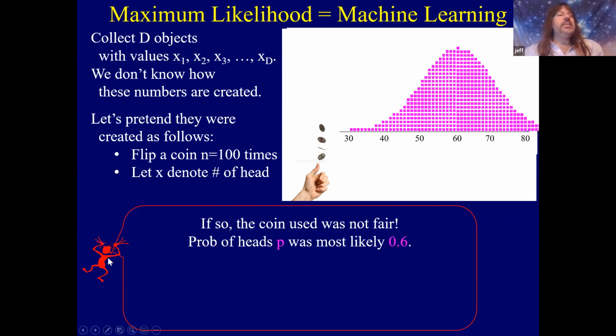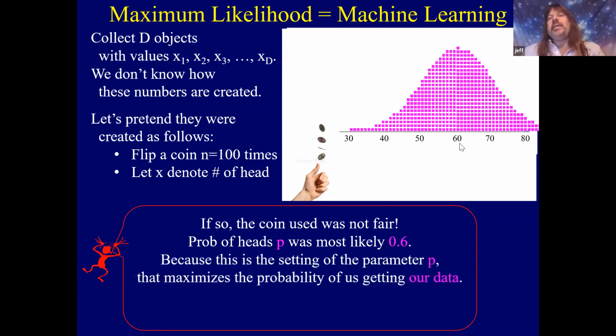So what did the frustrated guy learn? He said, well, if you got this data from flipping coins, it's probably because the probability of heads in your coin was not 50-50, but was 0.6 is the probability of getting a head, right? That's what he's speculating. And why did he choose 0.6?